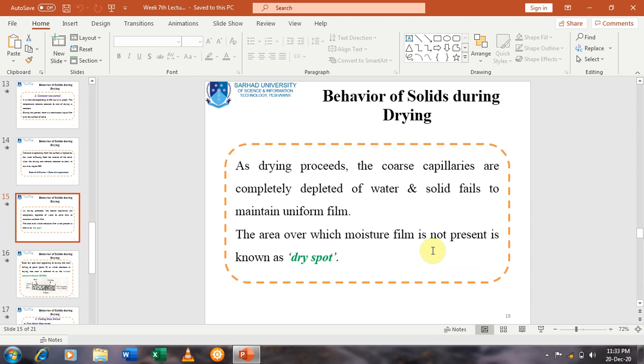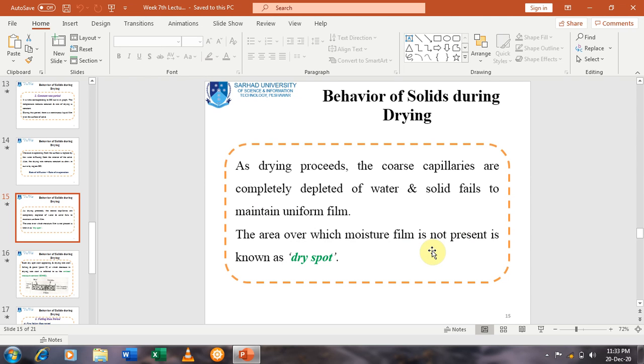At one stage, a uniform film is difficult to maintain because of the depletion of water in the coarse capillaries, and dry parts start appearing because a complete film formation is not possible.